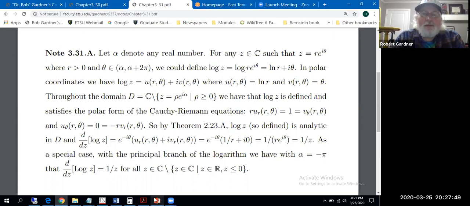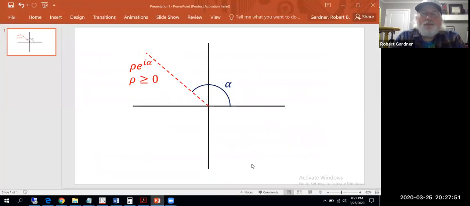But I stepped aside and made a little picture. So what we're doing is taking the whole complex plane and we're going through an angle alpha and looking at a line. All the points along this line have an argument of alpha. In the picture, it's a principal argument, but that's not necessarily relevant. And we're excluding the origin because we're dealing with a log function.